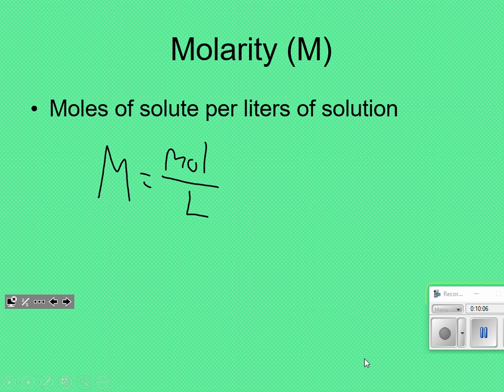This is, by and large, the most common unit of concentration. However, it's not the only unit of concentration. That's what we have to go over today. So I'm not really going to go over any practice problem with this because you guys know how to do this. Usually you're given grams, you have to convert to moles. Maybe you have to solve for molarity instead.